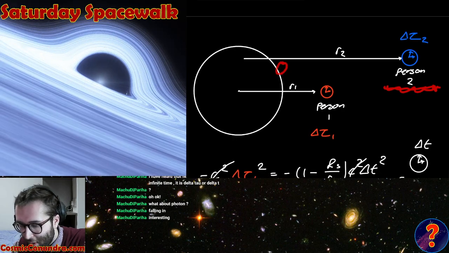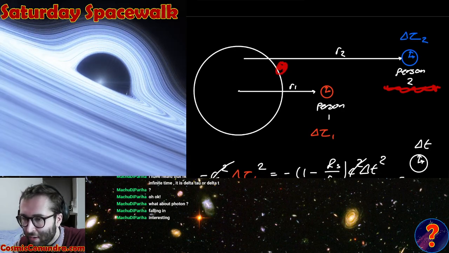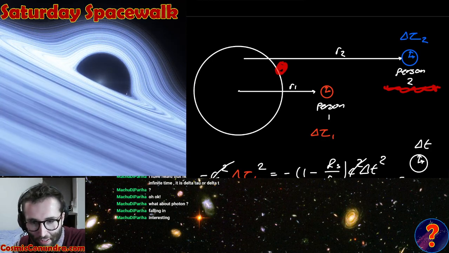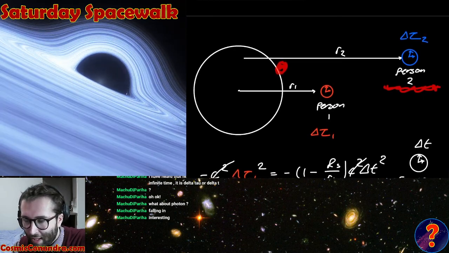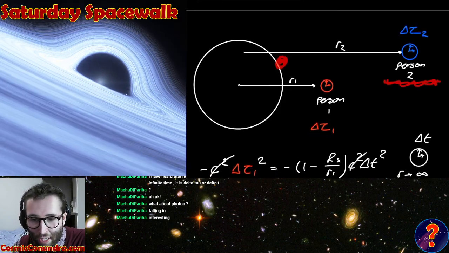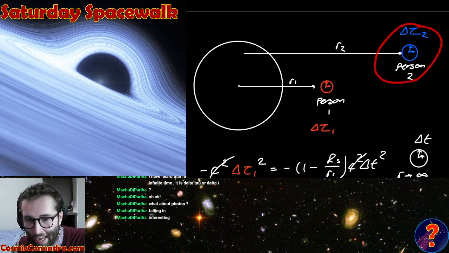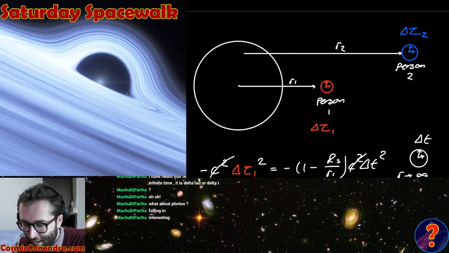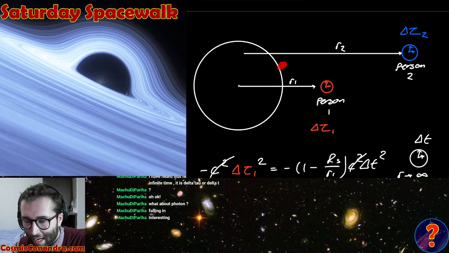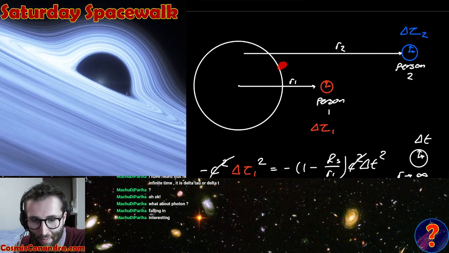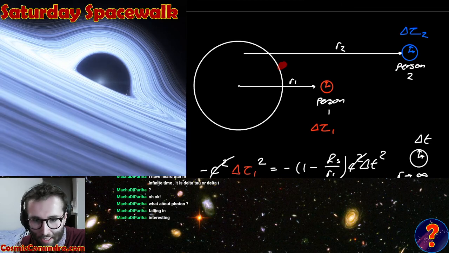Person 1, who is now just at the horizon of the black hole, would experience that same amount of time as measured by person 2, but they would experience it in practically no time at all. So they would see whatever person 2 would see happen in 5 minutes happen practically instantly. They would see much less time occurring than person 2 would see. Okay.